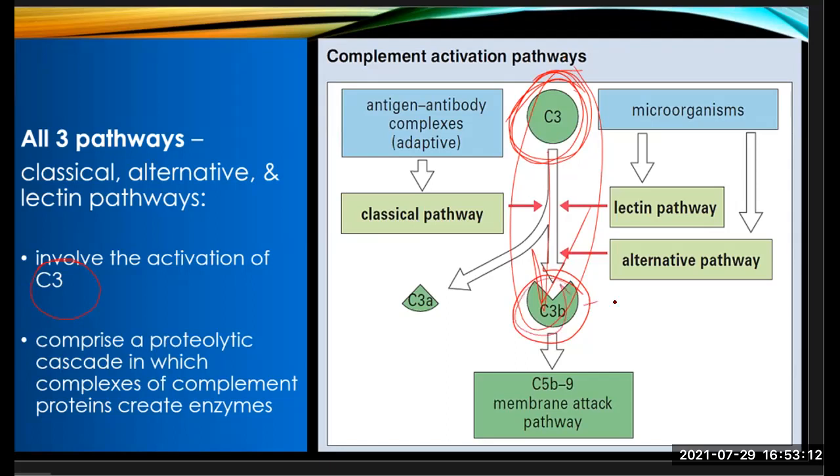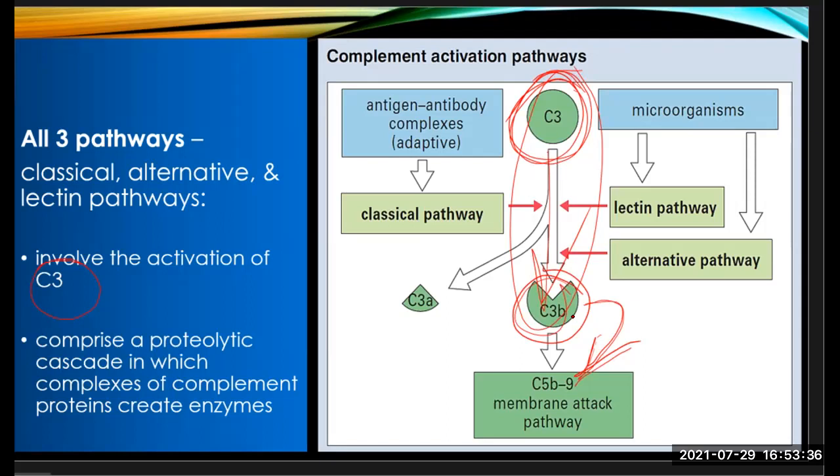So C3b is responsible for the activation of the MAC. Who activates the MAC? It's C3b. The first stage in the classical pathway is the binding of an antigen to an antibody, so the classical pathway is antibody-dependent.